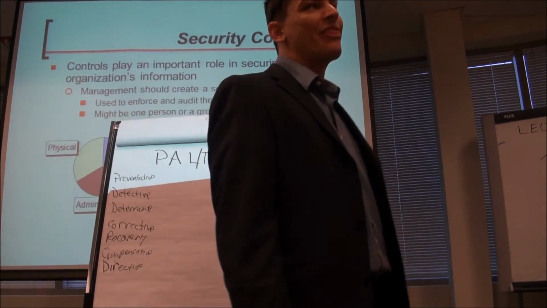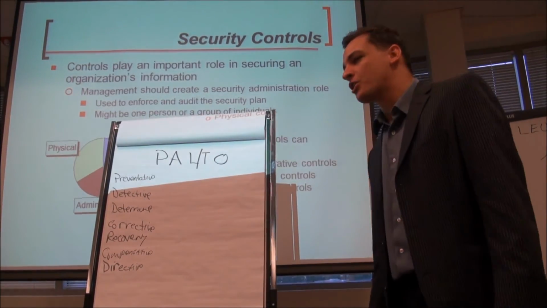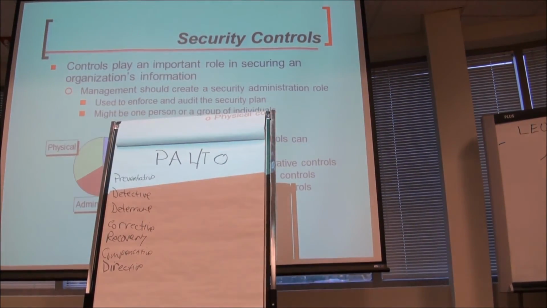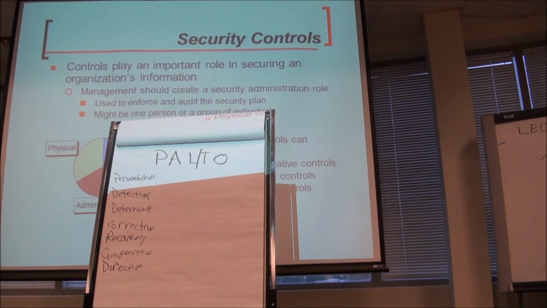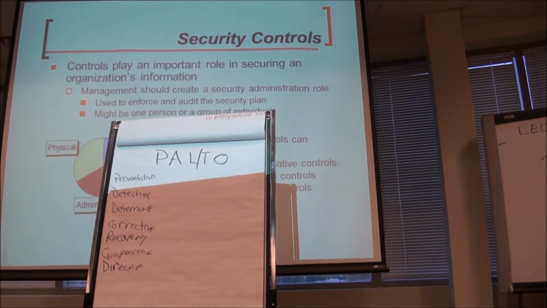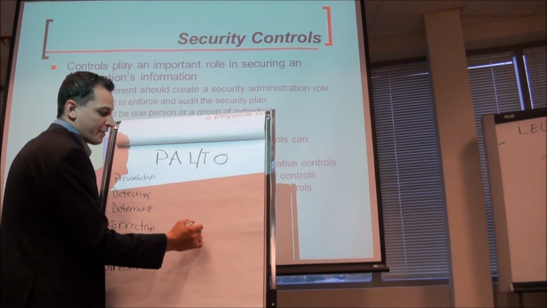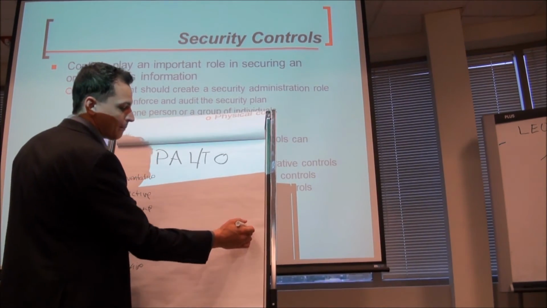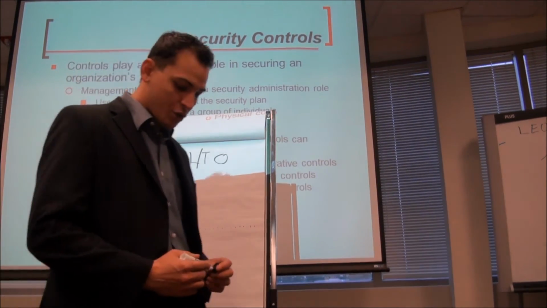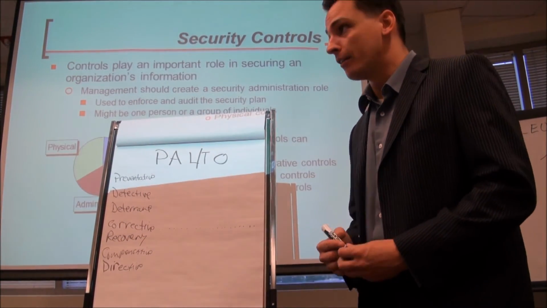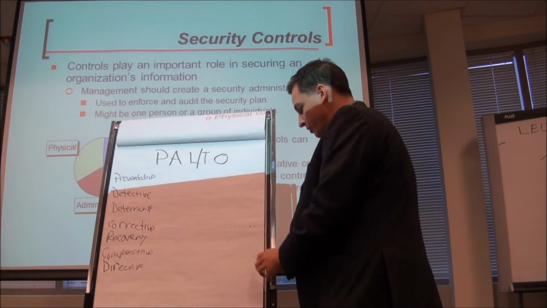Now, what is the one thing that strikes you about this chart? Compensative. Compensative is really everything, isn't it? So how could that possibly be? These are controls that are in addition to or their lack of. So think about a door for a second.